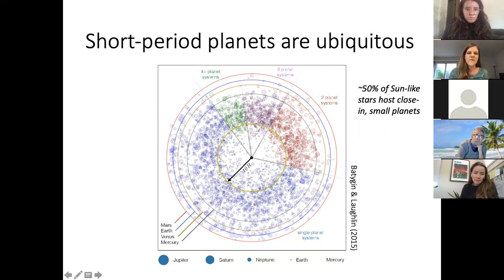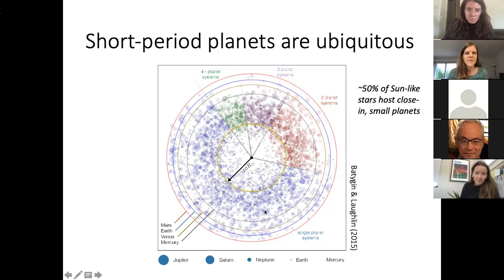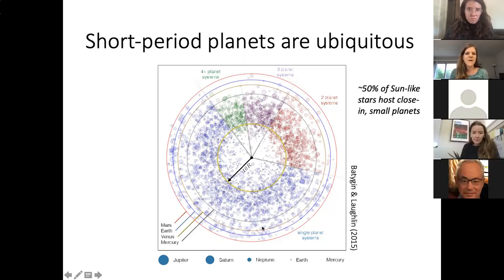So this is a graphical representation of systems discovered by the Kepler mission, where the radial coordinate is the logarithmic semi-major axis. And so you can see that this population contrasts really sharply with our solar system, where the inner edge is marked by Mercury's 88-day orbital period. And these close-in planets are also generally a bit larger than Earth, as you can see with this size scaling here.